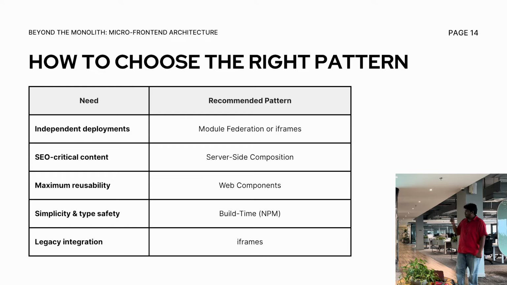If it's SEO critical content, server side composition is the best approach. For maximum reusability, web components, so we can use these components again and again throughout our project. For simplicity and type safety, build time or npm packages. And for legacy integrations, iframes, but they will reduce the SEO of your project.